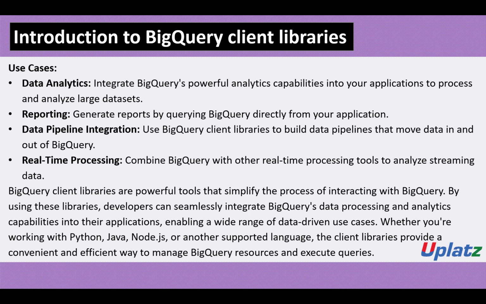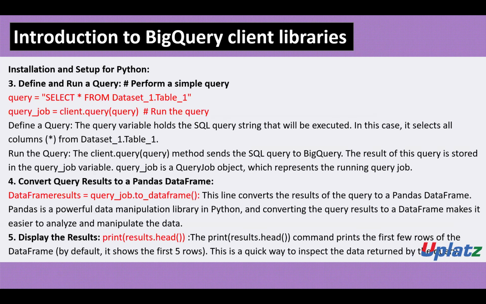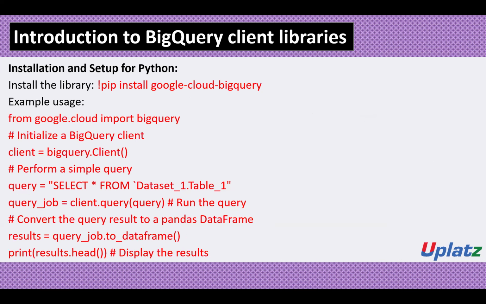We have seen what we have done in order to interact with BigQuery. We opened the Jupyter Notebook. After that, we installed the library, the Google Cloud BigQuery client library for Python.